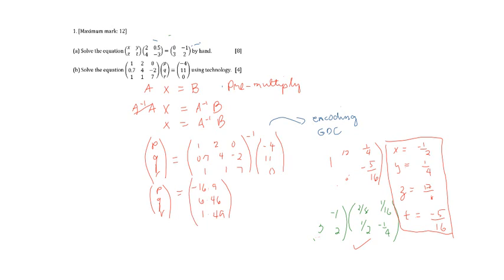Okay, that would mean your P equals negative 16.9. Letter Q is equal to 6.46 and R equals 1.49. Excuse me. This is our final answer.